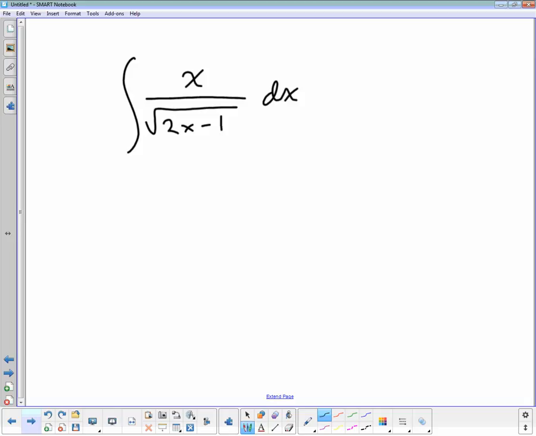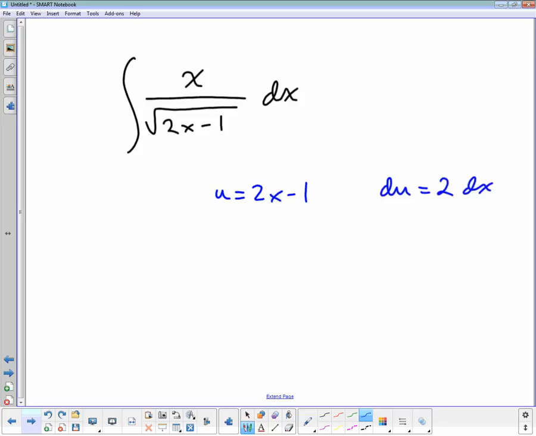So, for example, let's say u equals 2x minus 1. Now, du is equal to 2 dx. Okay, fine. If I substitute right now, I still don't have anything to play around with the x up top.